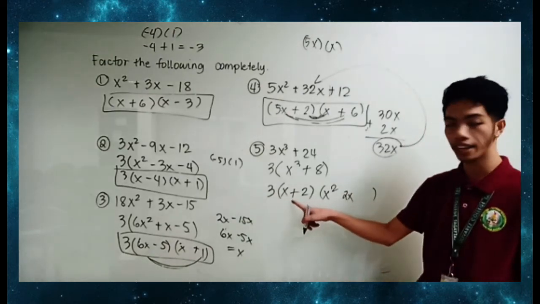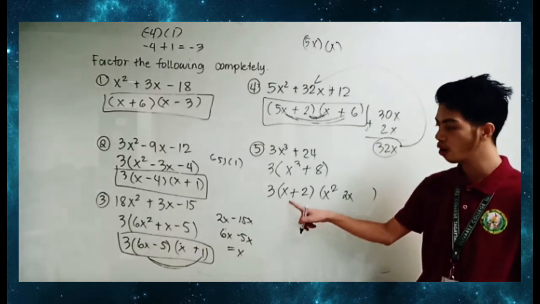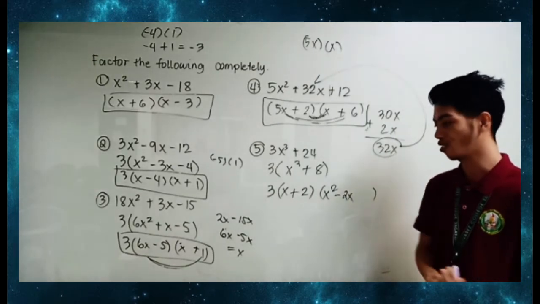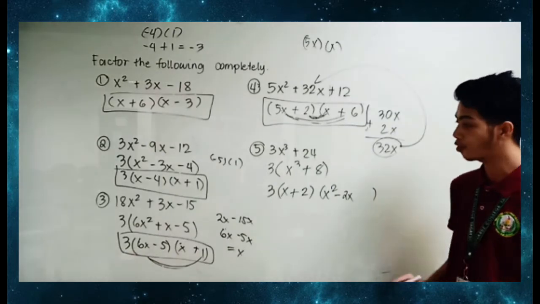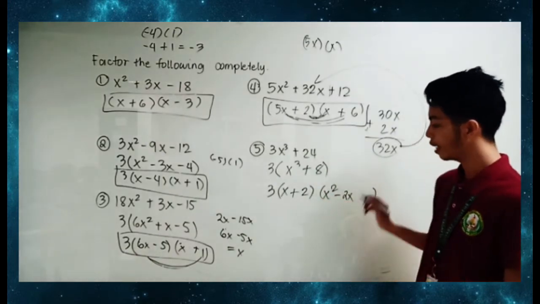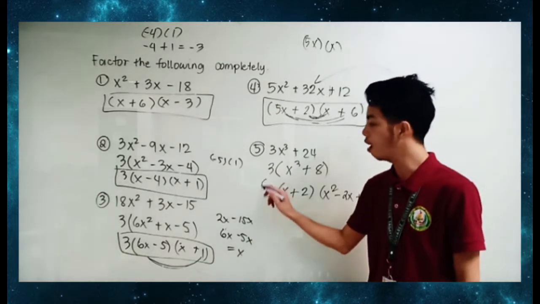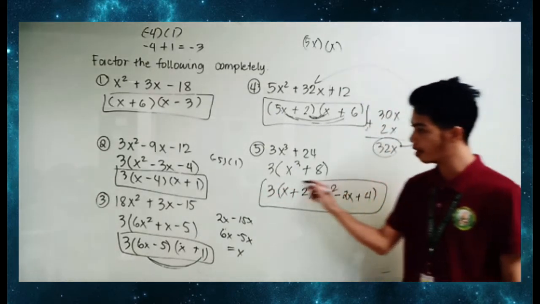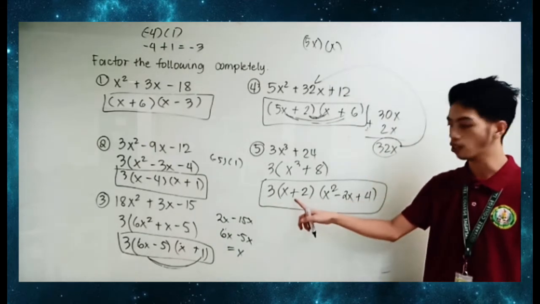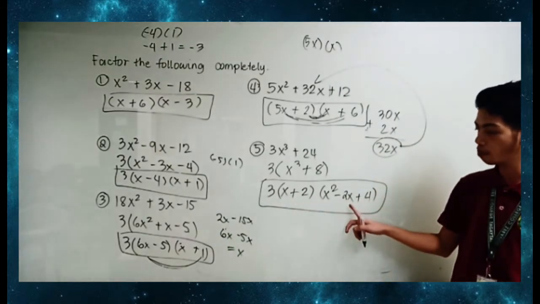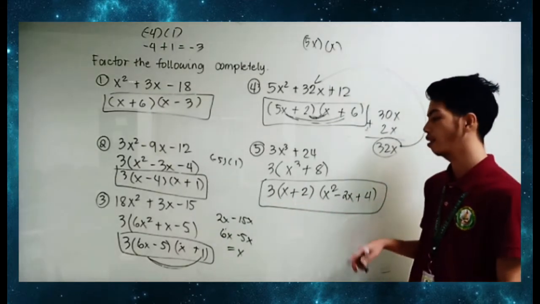Anong magiging sign? Positive ito. Ang magiging sign dito ay minus. Ganun lang siya. And then after that, 8 divided by 2 is positive 4. So the factor of 3x cubed plus 24 is 3 times x plus 2 times x squared minus 2x plus 4.